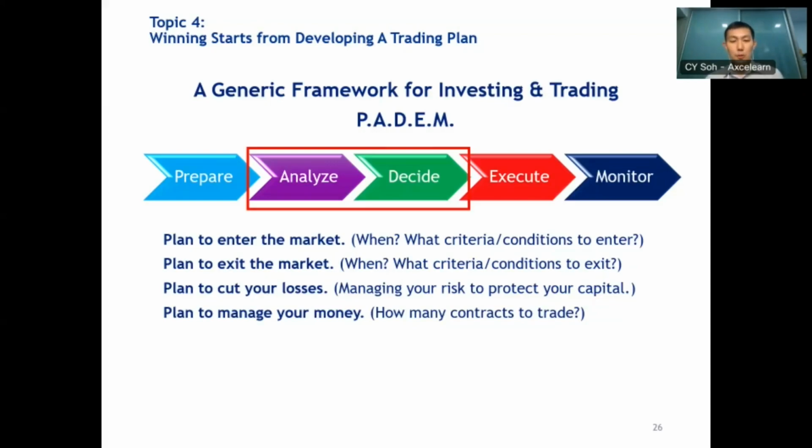How many contracts are you going to trade? Futures is a highly leveraged product. You can make a lot, you can lose a lot as well. So it's important to manage your money when it comes to futures trading.